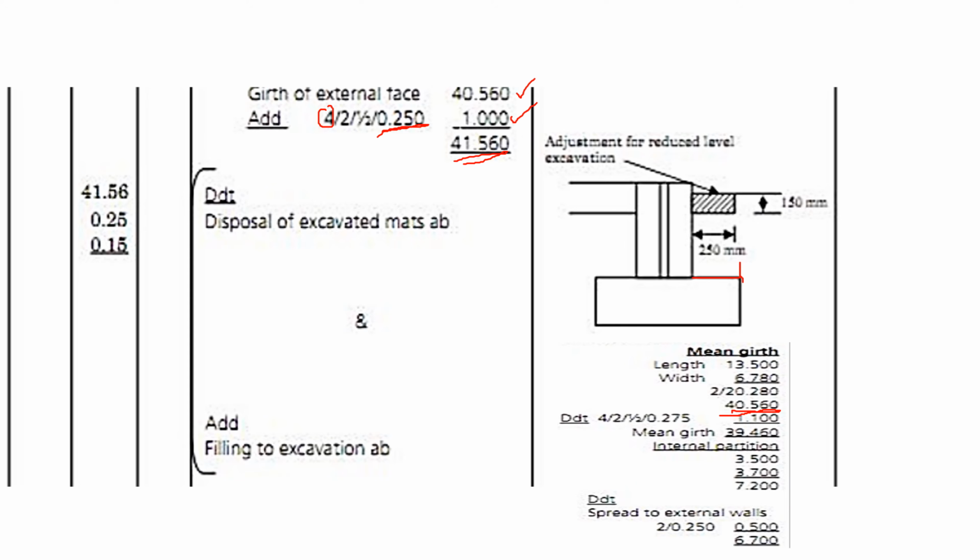Then we multiply by the width of the spread, then we multiply by the depth of the reduced level, because we are returning the soil to where it was. So that volume of soil, we had already cut it away. So we shall deduct it from the volume of soil for cut away and add it to RFR.